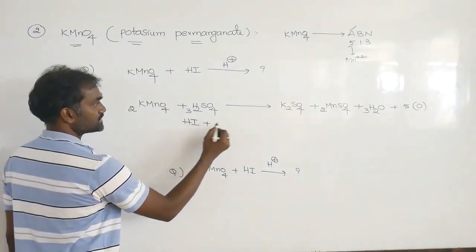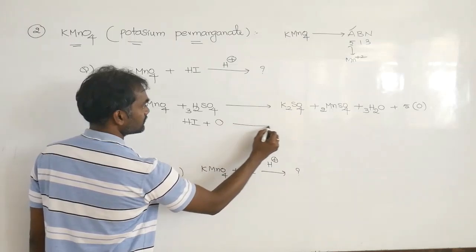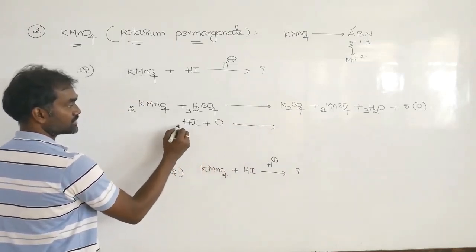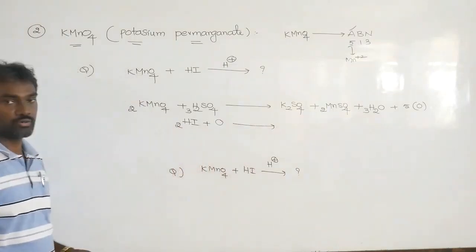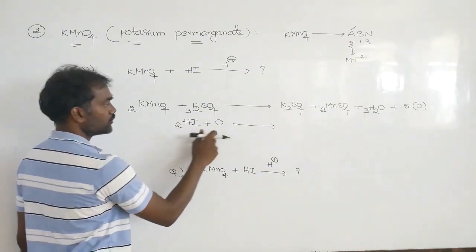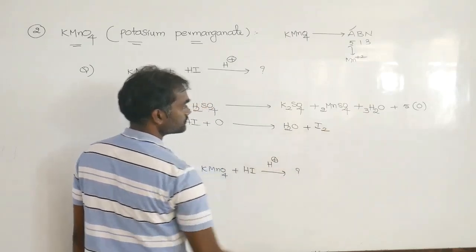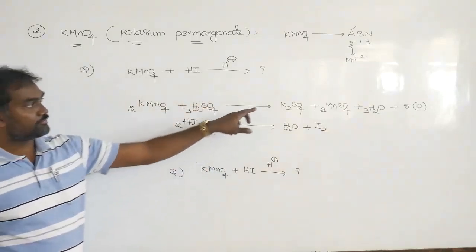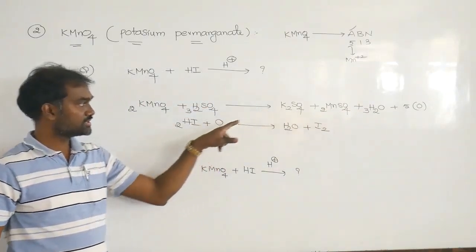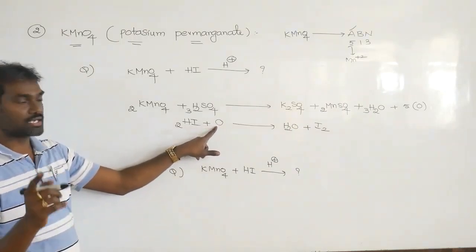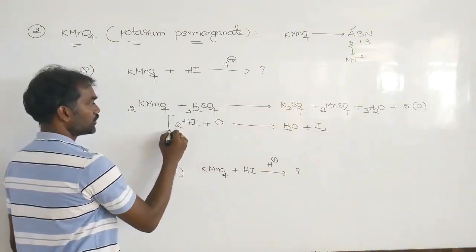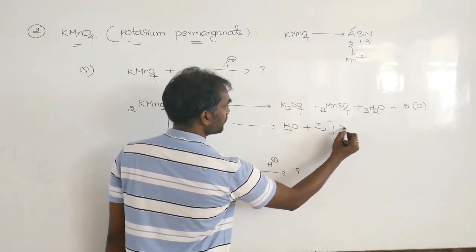So HI is taking that oxygen. One oxygen requires 2 hydrogens, so I am taking 2 HI. So H2O is going outside plus I2. Here in the first step you are getting 5 oxygens, you are utilizing 1 oxygen. How to neutralize? The second equation is multiplied with 5.